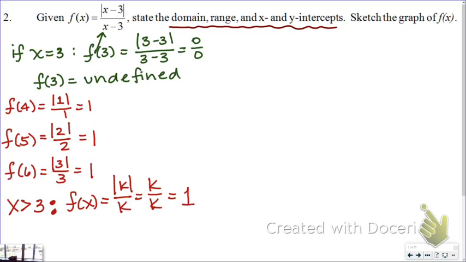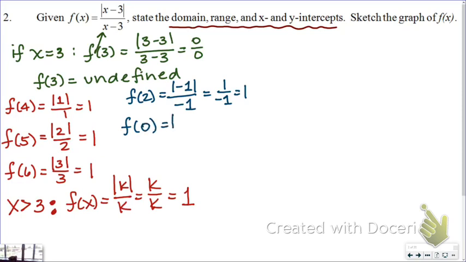Well, what about if x is not greater than 3? What if x is less than 3? So what if we have f of 2, which is going to be the absolute value of negative 1 over negative 1. Well, that's 1 over negative 1, which is 1, right? Let's try f of 0.